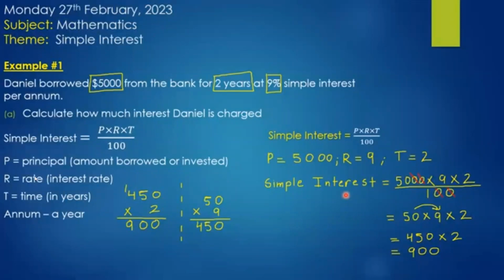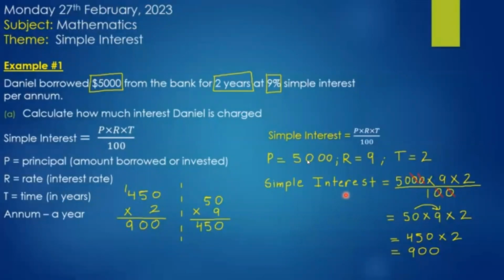R equals rate, the interest rate. T equals time in years. Simple interest equals P times R times T over 100.